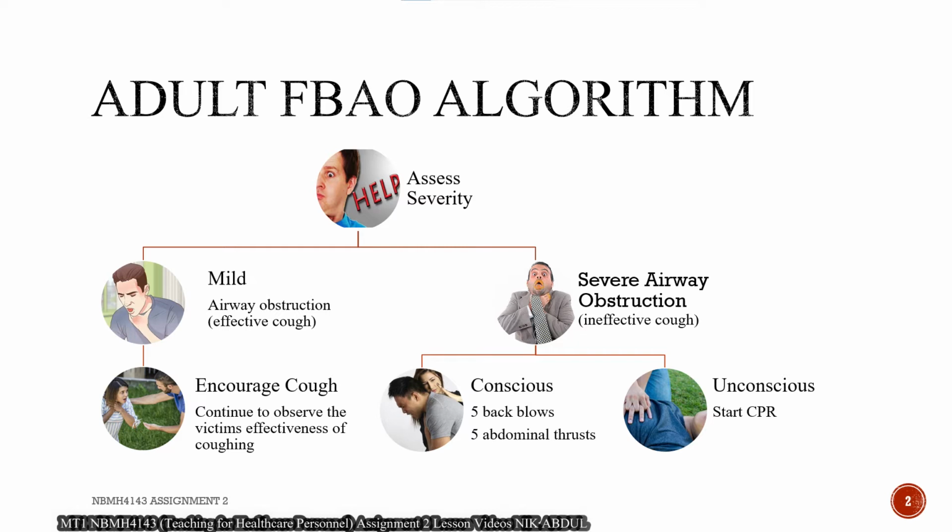There are two types of severity that you may observe. For mild airway obstruction, the victim may still have an effective cough, and in severe airway obstruction, the victim has already developed an ineffective cough.